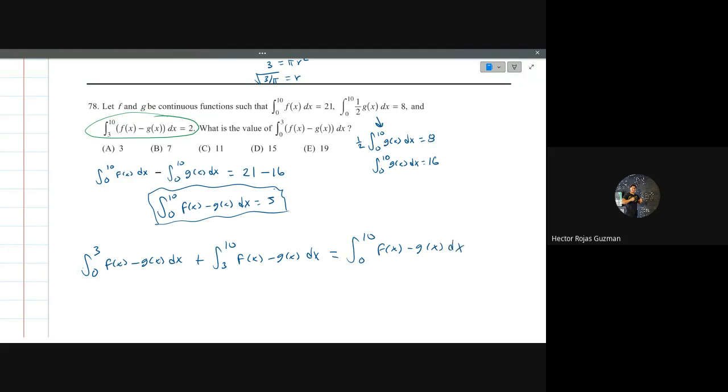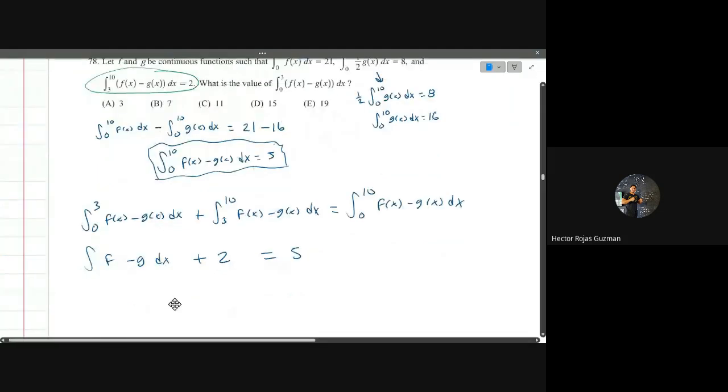Now the first one's the one that we're looking for. I'm just going to shorthand it and say f minus g. The second integral from 3 to 10 of f minus g, that's a 2. And it's going to equal the integral from 0 to 10 of f minus g, that's a 5. That's the one that we just figured out.